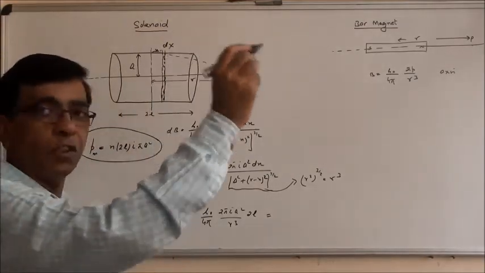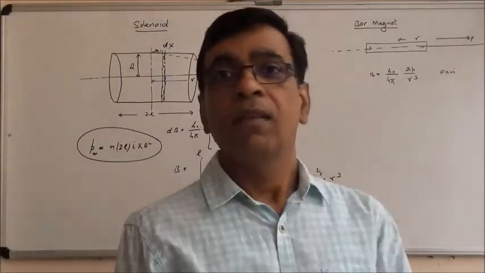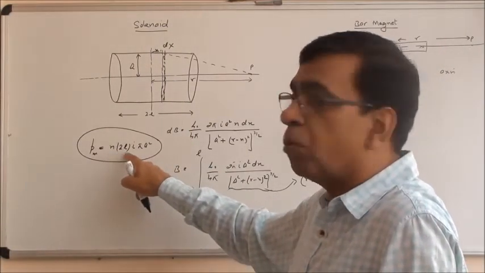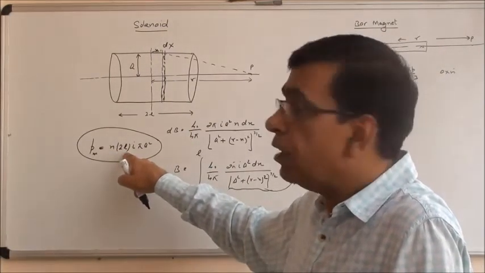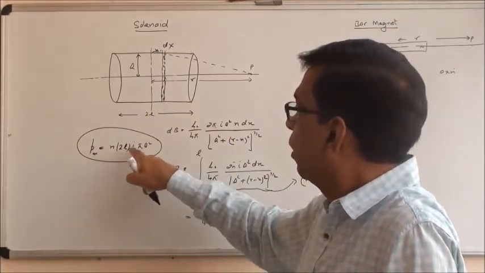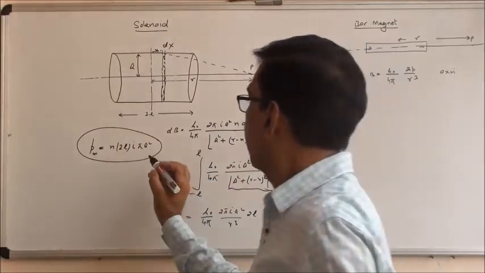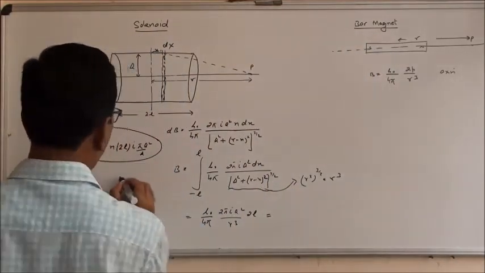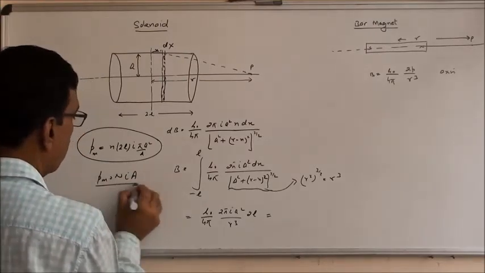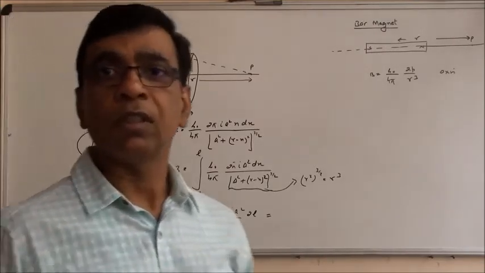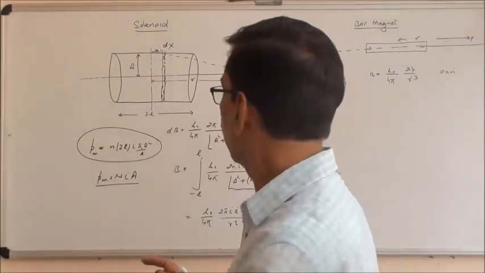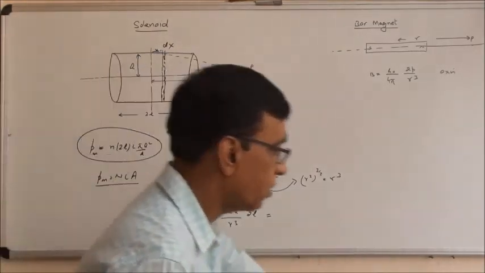Just see this expression very carefully. We have already discussed that the magnetic dipole moment for a loop is NIA. So for a solenoid it will be like this.